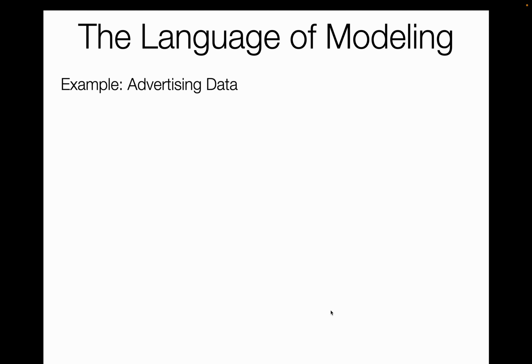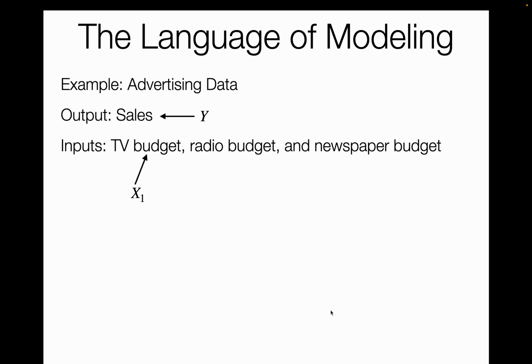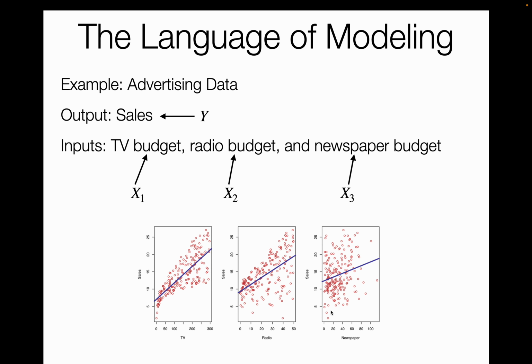Now, I want to go over that second one, the advertising data. This is an example from the ISLR book. Our output is going to be the sales, and our inputs are going to be TV, radio, and newspaper. So we have three inputs, X1, X2, and X3.